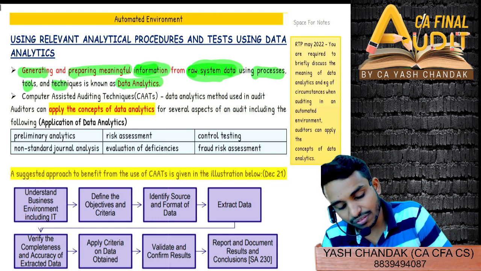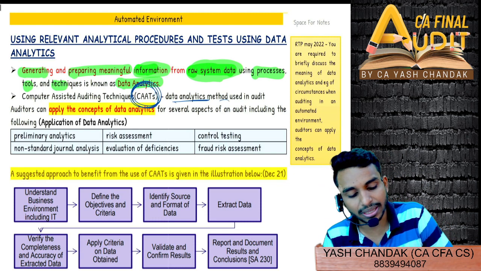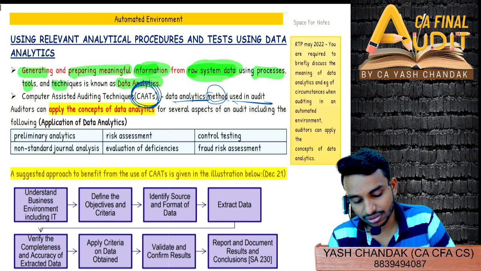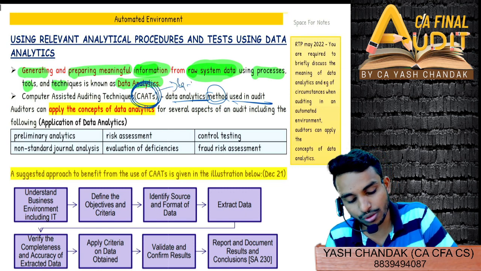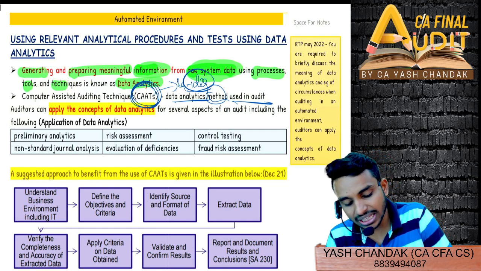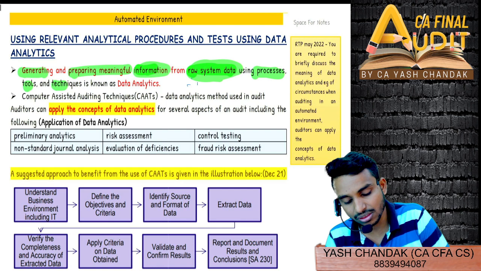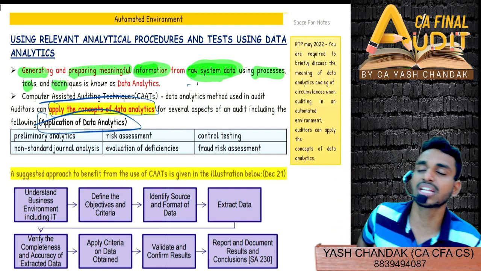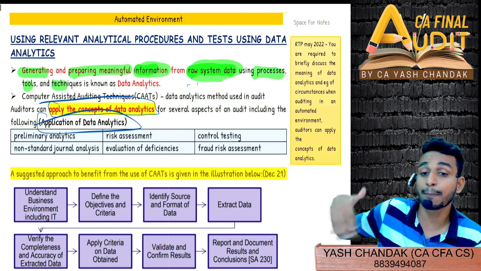And for data analytics, we generally use CATs, data analytics methods used in audits. The example that I gave you is, suppose, IDEA. Auditors can apply the concept of data analytics. That means if they ask what the applications of data analytics are, where all you can apply.